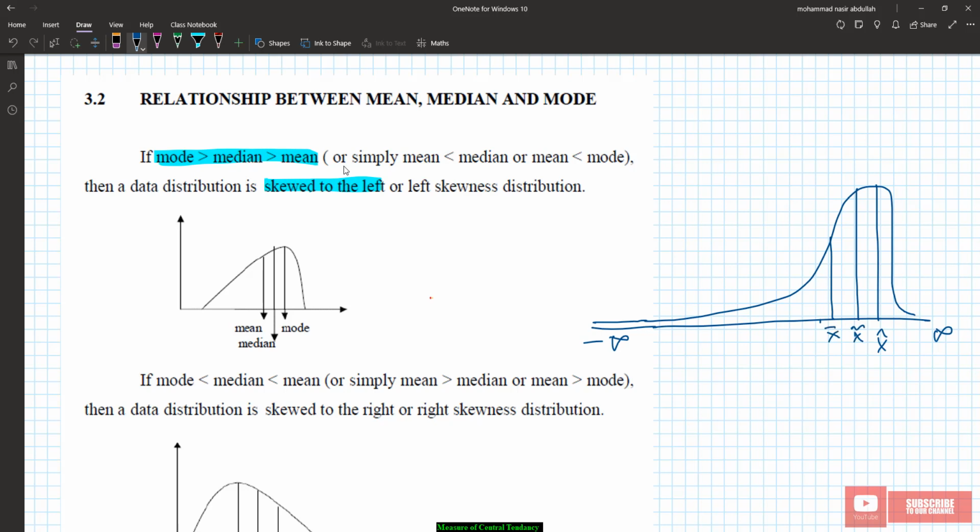So mode is larger, approaching infinity. Then we're going to have a skewed to the left distribution. How do we know it is skewed to the left? You see the tail is longer to the left. So this is what we call a left skewed distribution.